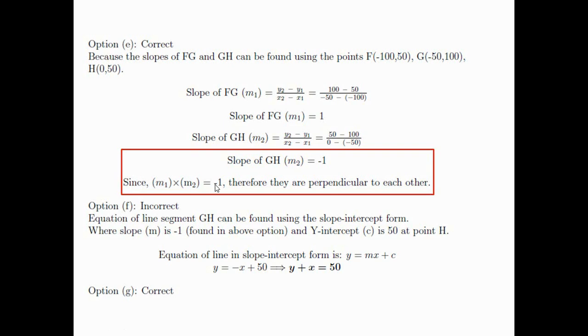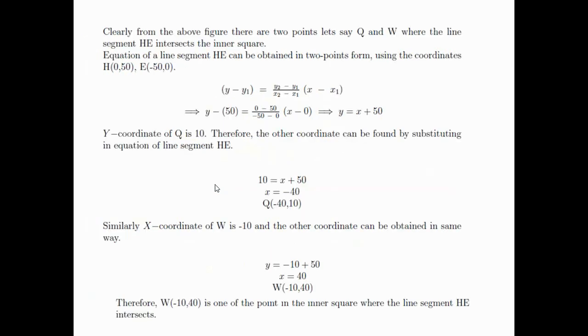Okay, then comes option G, which is correct, because we can understand from the figure there are these 2 points. In the 2-point form we can get the coordinates of H and E. We know H has a coordinate of (0, 50), and E has a coordinate (-50, 0), and from there we can get y = x + 50.